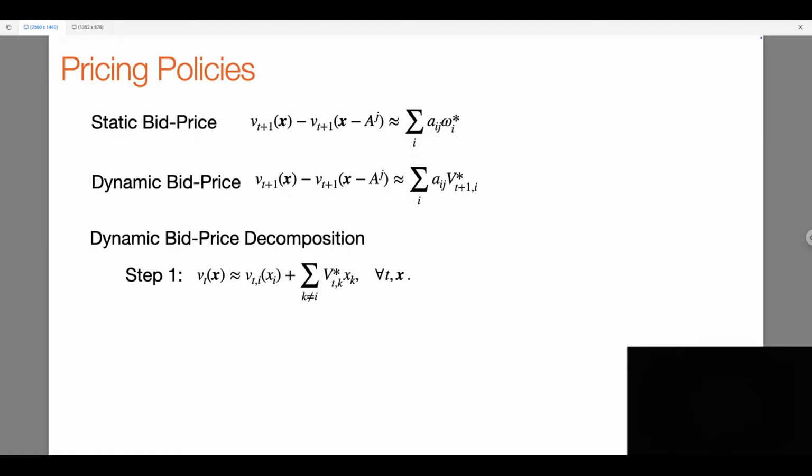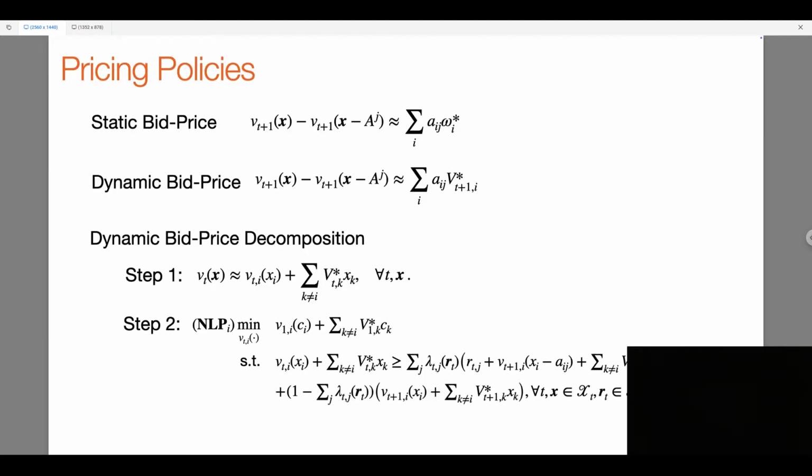and the first step is to do this kind of approximation, to avoid any dynamics of the products not equal to i when we only consider the product i, the resource i.